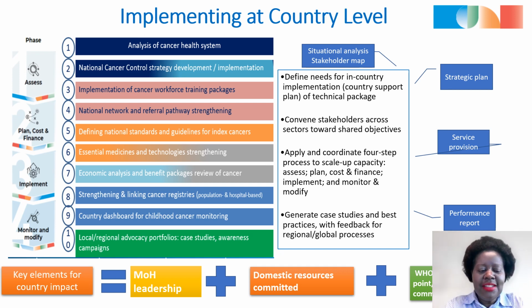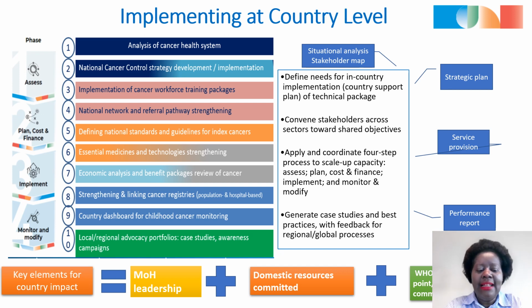One issue: 85% of the countries asked for essential medicines and technology strengthening. Countries in the Africa region also put forward strengthening and linking of cancer registries, population-based and hospital-based. And of course, there needs to be advocacy, case studies, awareness campaigns, and we've seen a lot of that going on.